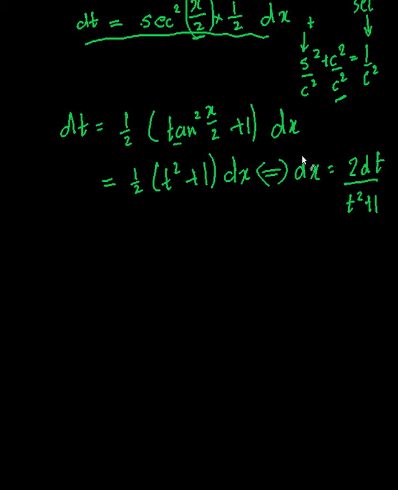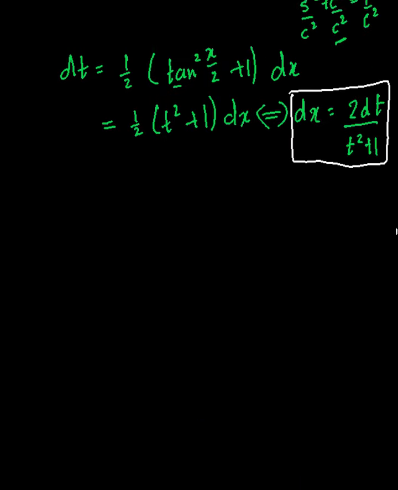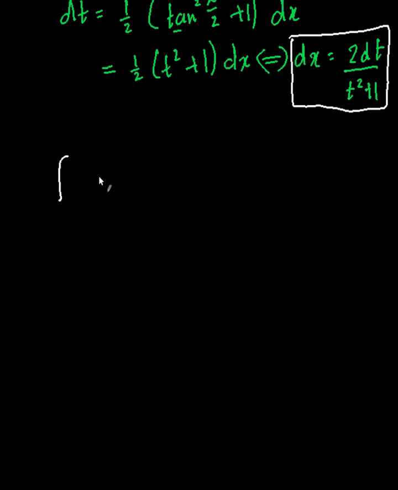So now we have everything that we need to solve this question. We have what cos x is, we have what dx is. Now it's just a simple matter of plugging everything into the final thing. I'll rewrite the question one last time before I jump into the formula.